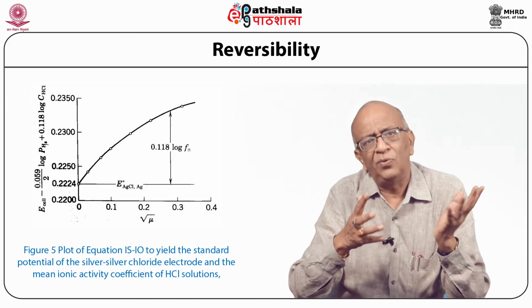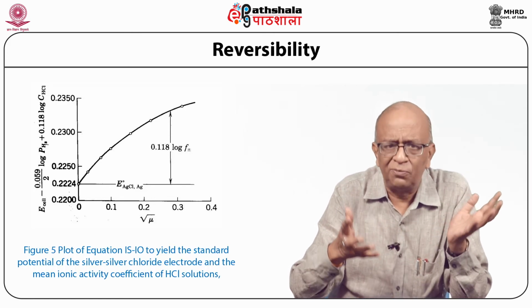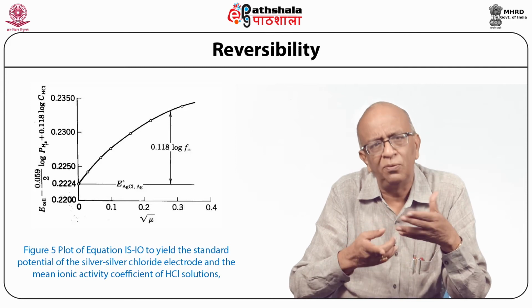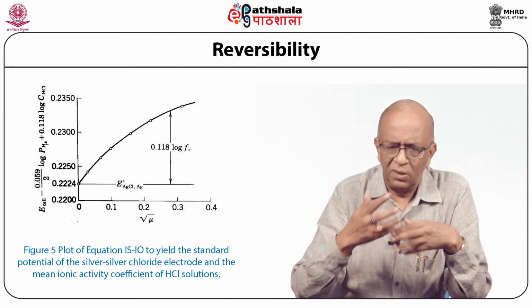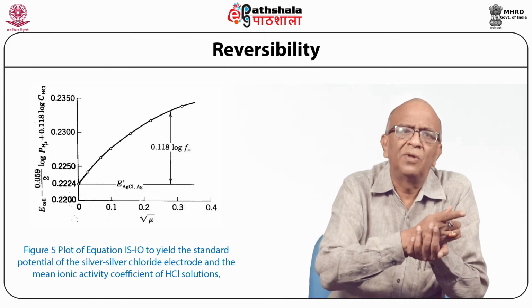But sometimes the process is slow. The process is slow due to various factors, such as the electron transfer from the electrode surface to the solution, or from the electroactive species present in the solution to the electrode surface.